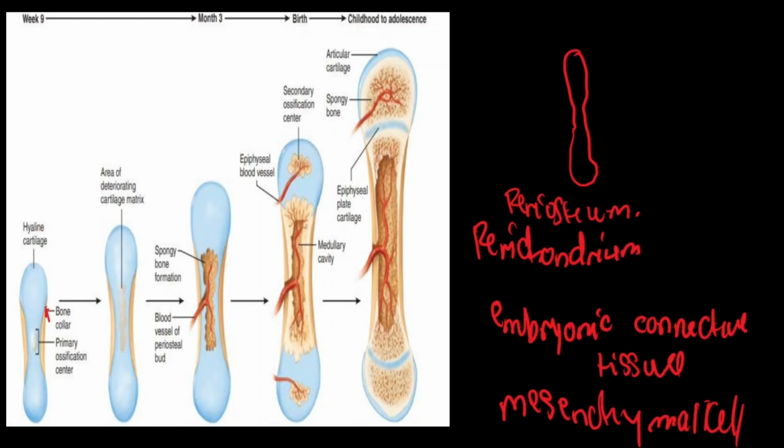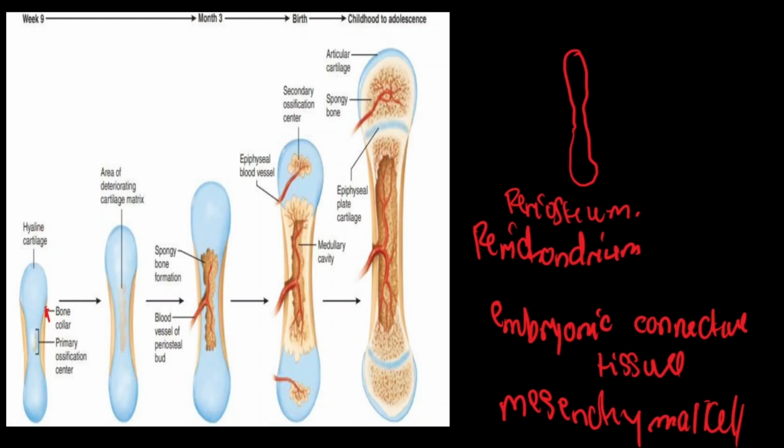So in the first step, a bony collar forms around the diaphysis, which is basically the shaft. As I stated earlier, endochondral ossification majorly takes place in long bones. In fact, apart from the clavicle, all the bones below the base of the skull are formed by endochondral ossification.